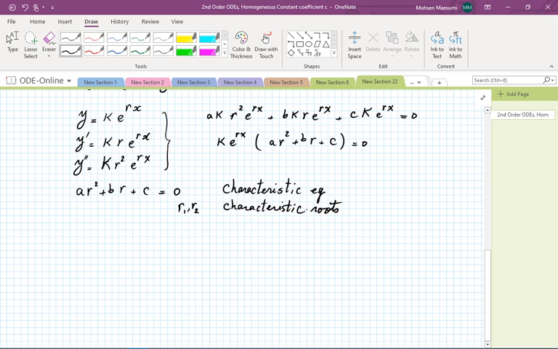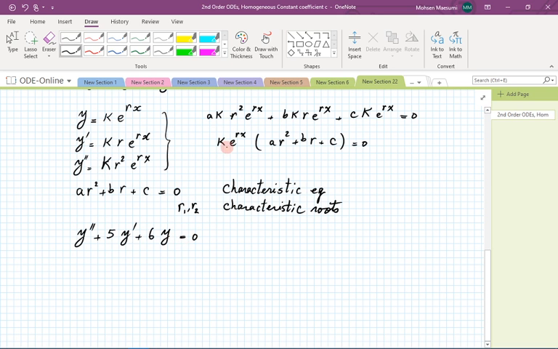Let's go ahead and pick a specific example so that it just doesn't look too general. Suppose I have an equation that reads, say, y double prime plus 5y prime plus 6y equal to 0.